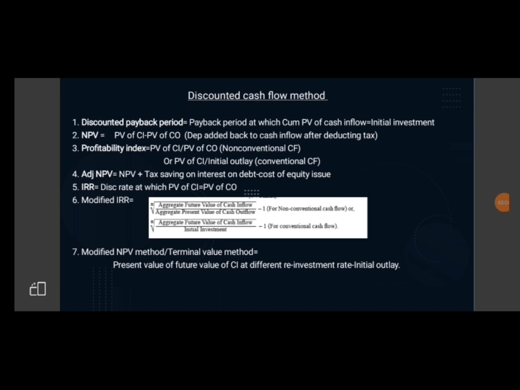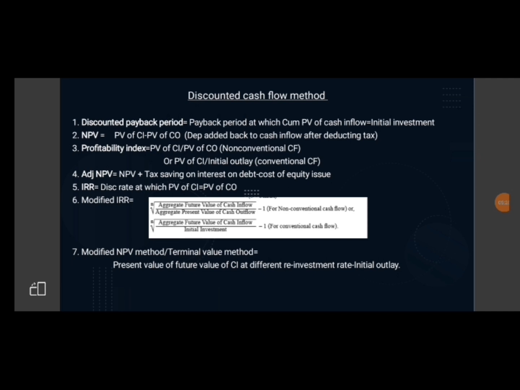This is for non-conventional cash flow. For conventional cash flow, it is the nth root of aggregate future value of cash inflow divided by initial investment, minus 1. Same as before, for non-conventional we need to find the present value of outflow, whereas for conventional, no need to find the present value for the initial investment.